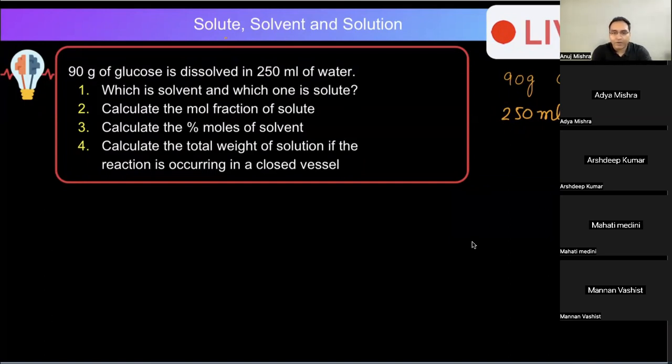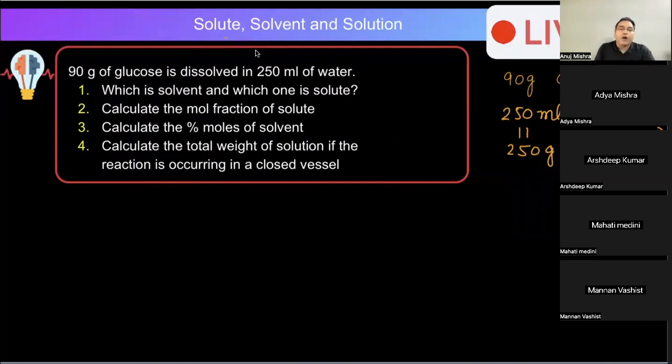Or 1 gram per ml, can I say? 1 cubic centimeter is 1 ml. So we can say 250 ml is 250 gram. Nothing is mentioned, so I can assume the density is 1 gram per ml. Then you have 250 grams of water.